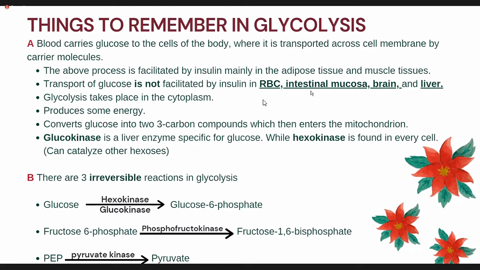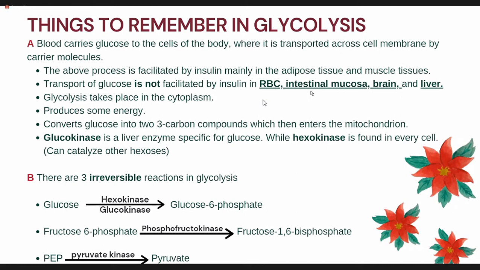A series of reactions occur until you come up with phosphoenol pyruvate. Phosphoenol pyruvate is a high energy compound and is able to add a high energy phosphate to ADP to become ATP.